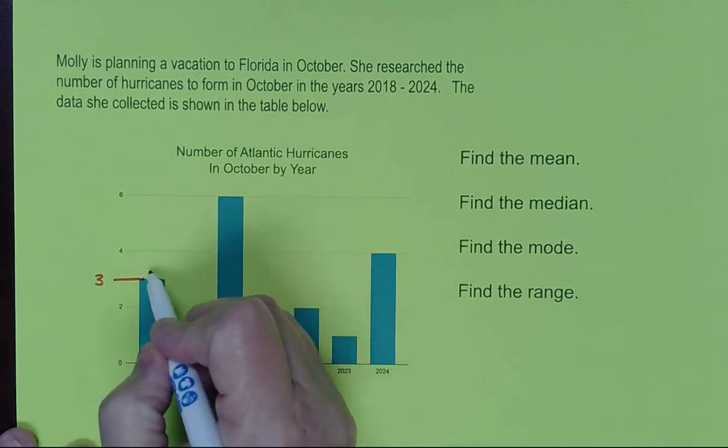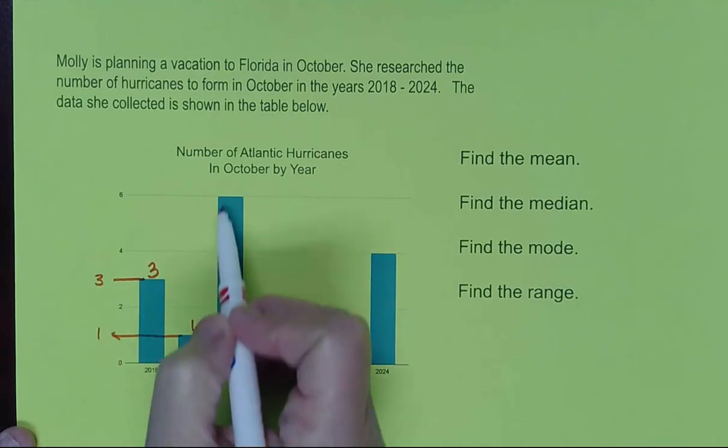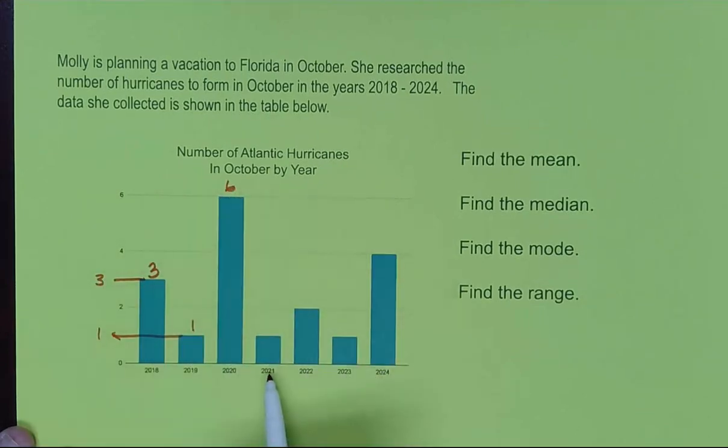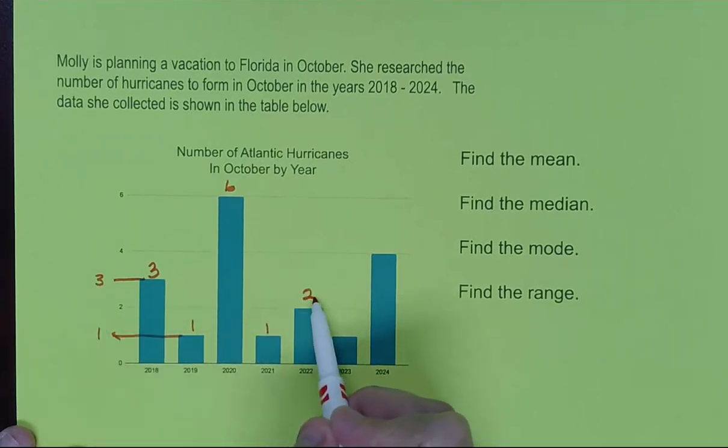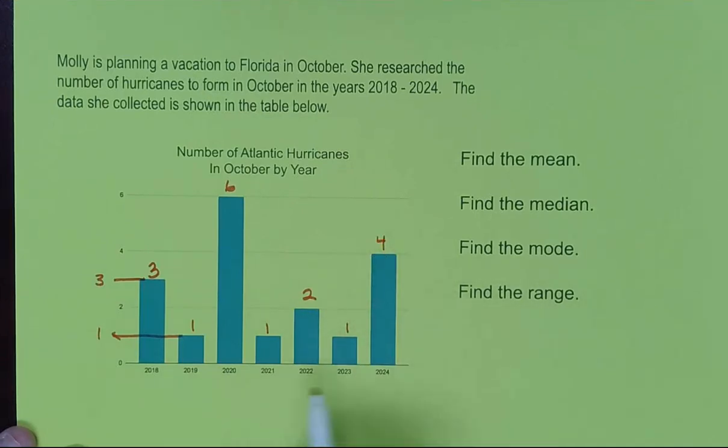So in 2018 there were 3. 2019, between 0 and 2 is 1. 2020, there were 6. 2021, that's another 1 year. 2022 is a 2 year. 2023, another year for 1, and 2024 is a 4 year. If I list this data, 3, 1, 6, 1, 2, 1, 4, it's much easier to see the mode that way than just trying to look at the graph.